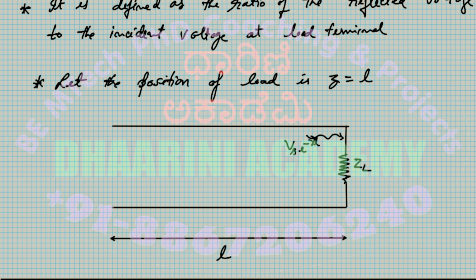Because it is located at a distance L. Normally it is Vs e to the power minus gamma Z, but now Z is equal to L. So how much voltage is incident on the load? It is equal to this one. At the same time, the load will reflect back now. Let us assume that it's not matched. You have a reflecting wave. That is VR e to the power gamma L.